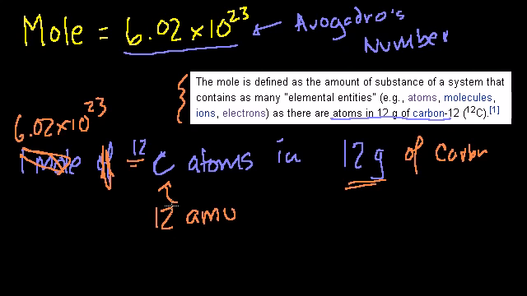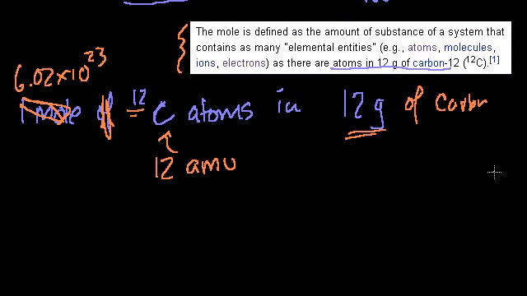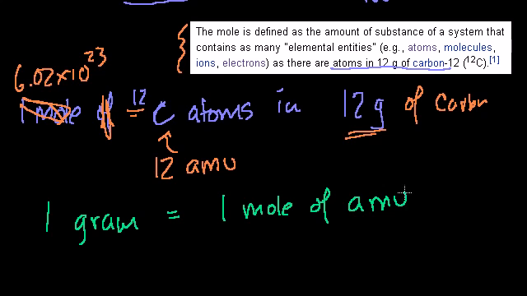So if you have something that has a mass of 12 atomic mass units, and you have a mole of them, or 6.02 times 10 to the 23 of them, all of those atoms combined will have a mass of 12 grams. So another way to think about it is 1 gram is equal to 1 mole of atomic mass units. I'll write AMUs like that.